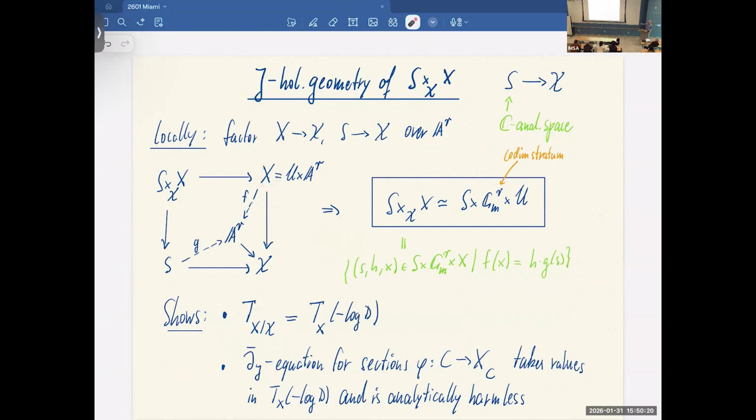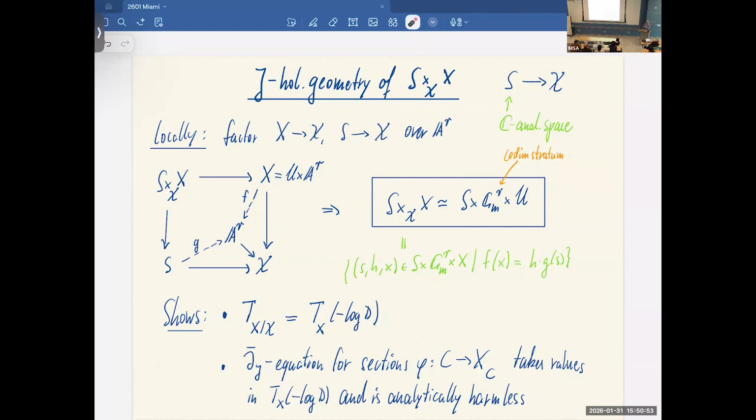So at a codimension r point of D, it will look like this, and U is a manifold. Saying I have this morphism means I factor locally over A^r, and A^r has this submersion to curly X. It's a local model of the things I wrote down before. And similarly, I test it with a C-analytic space S to X. And this is all I will ever need, interestingly.